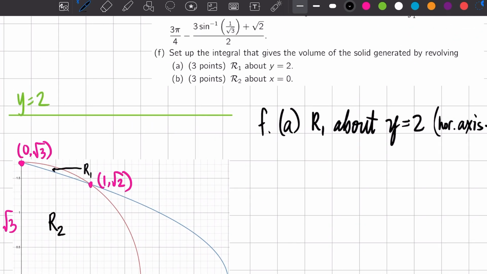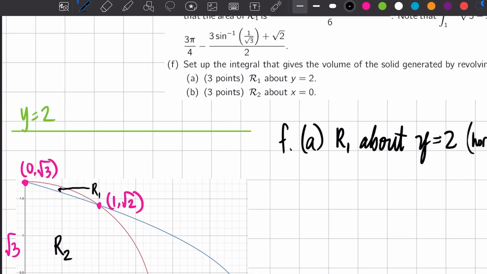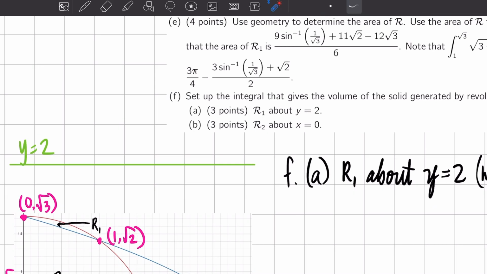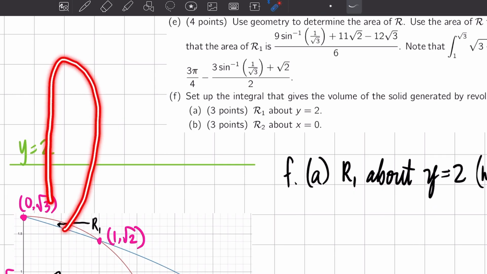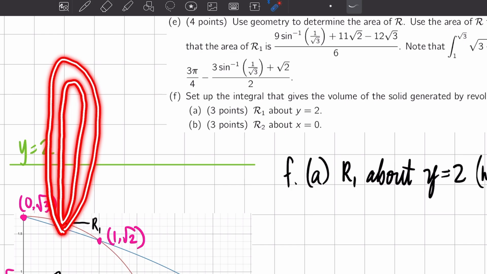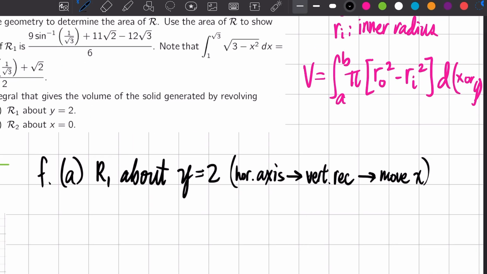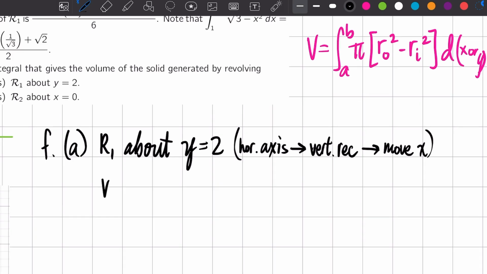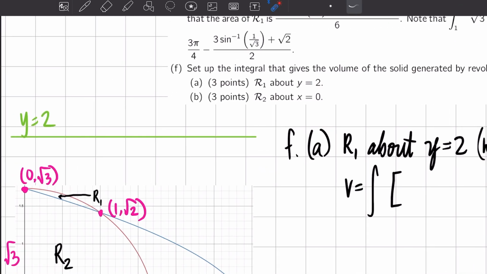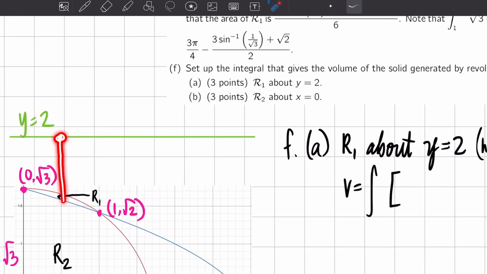So first, let's identify our outer radius. So if you draw the washer, it would be something like this. Your outer radius would start from the blue curve until it reaches y equals 2. So that's your outer radius. So we have here V equals the integral of, for the outer radius, since we are using vertical rectangles, to compute for that one, it would just be the top curve minus the bottom curve.